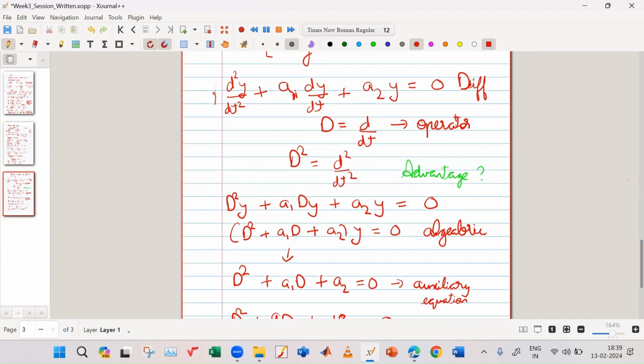So it becomes d square y plus a1 into dy plus a2 into y is equal to 0. So my differential equation has been converted into an algebraic equation using this mathematical operator. So it becomes d square plus a1 d plus a2 into y is equal to 0. The part in this bracket is my auxiliary equation.